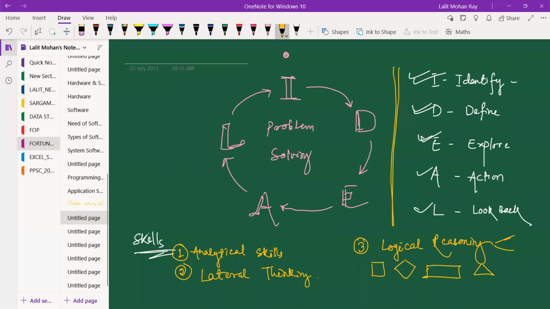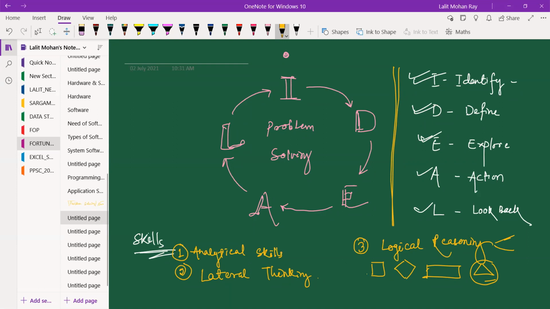How can you recognize it? Suppose our answer is this one. There is a reason, a logic behind this.